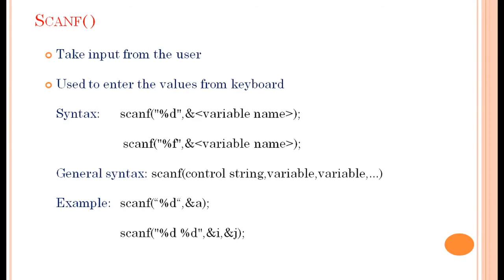This means that simple variables have to be passed with the preceding &. See here in the syntax, we have scanf %d and there is a preceding &, after that you write the variable name. Okay, so in the example it is shown that since we have written the control string as %d, a should be an integer and the variable name is a.